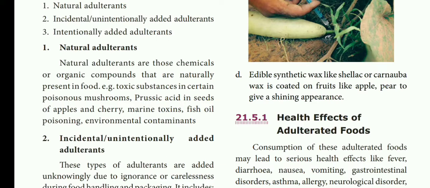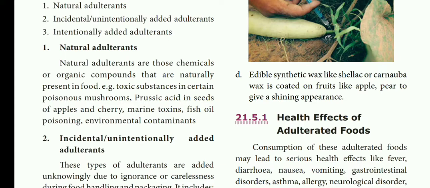We use mushrooms for consumption, but apart from edible mushrooms, there are also poisonous mushrooms which are very harmful to human beings. Also prussic acid in the seeds of apple and cherry. We could see a seed inside an apple or a cherry. The acid extracted from the seeds of apples and cherries is very poisonous and very dangerous to humans.